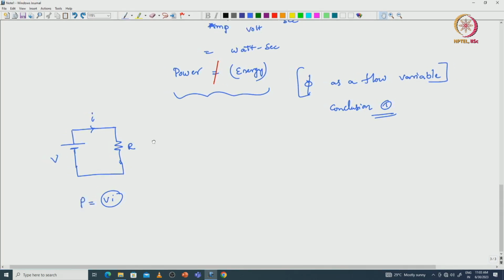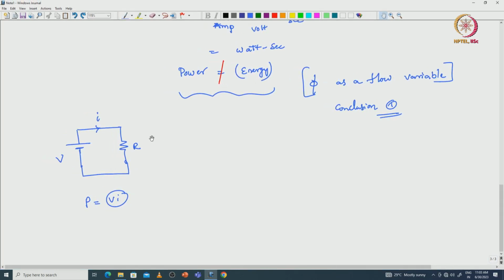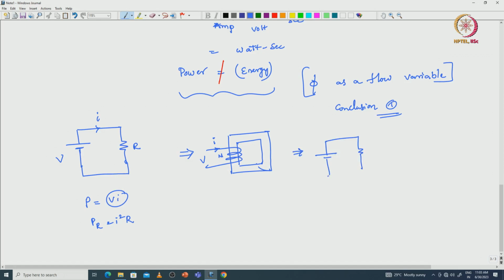Here power is dissipating across the resistor, or P_R is equal to I square R. The magnetic circuit representation with respect to the electrical analogy: this is reluctance, here mmf is N into I, and this is flux.